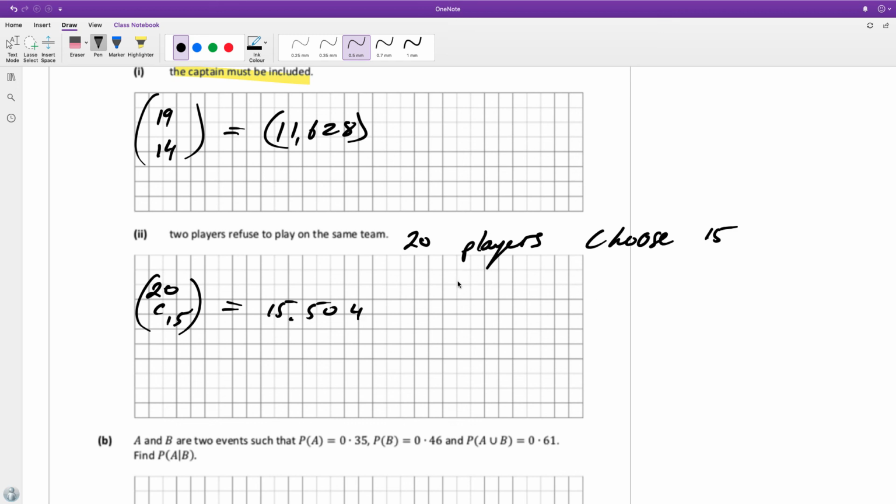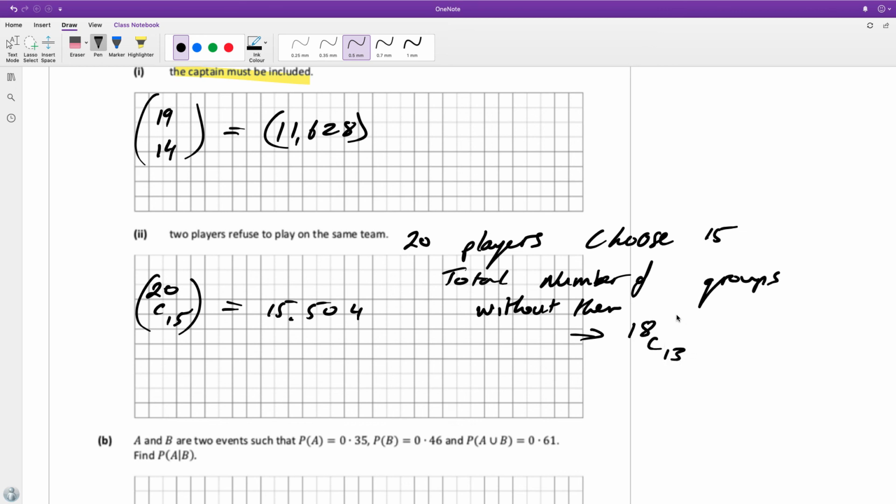Then we take the total number of groups without them, which is 18 players, choose 13.